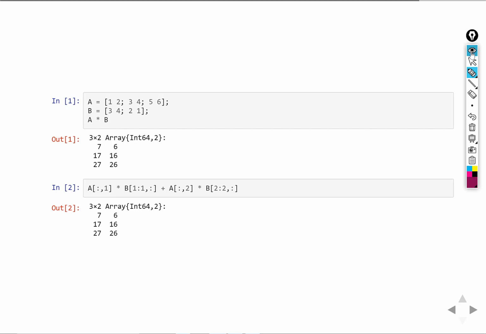This time, we first multiply first column of A by first row of B and add that to second column of A times second row of B. And you see that we get the exact same result.